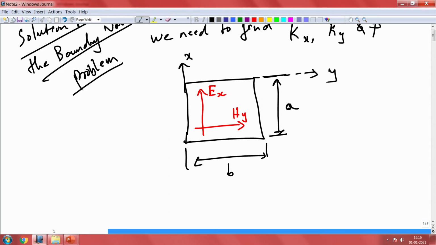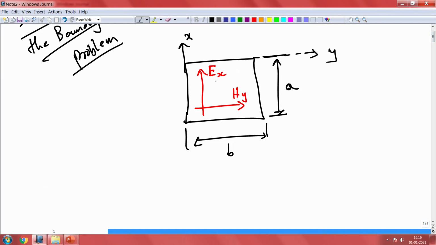We should make sure that we have continuity here, both at y equals 0 and also y equals b, right. So, let me write those continuity conditions. All you need to make sure is the tangential component of Ex is continuous here and also here, right. So, that continuity one should maintain.